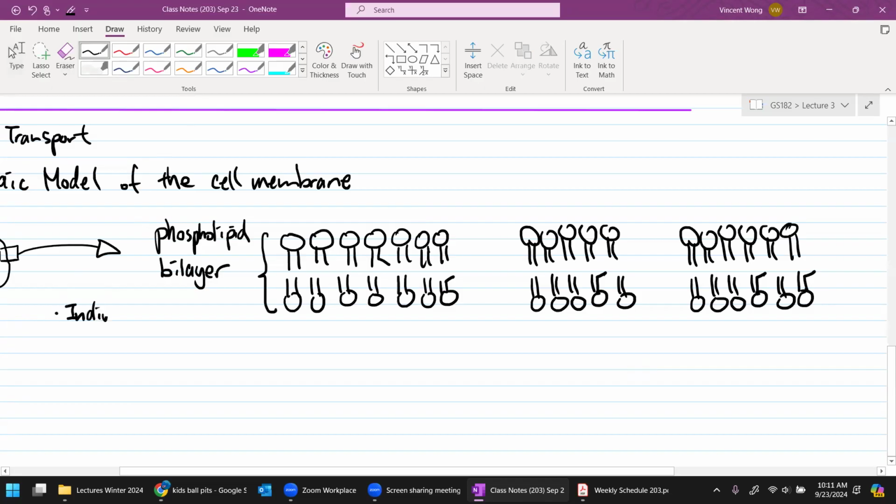Individual phospholipids move freely within one layer.